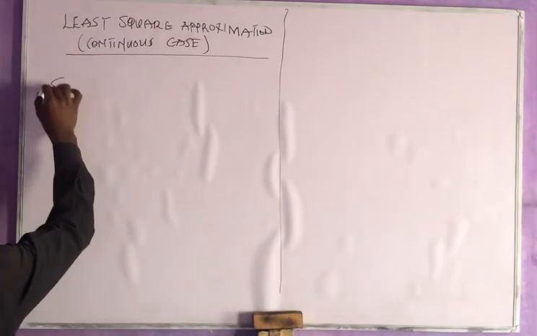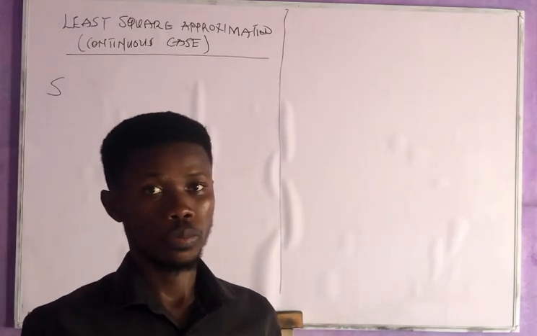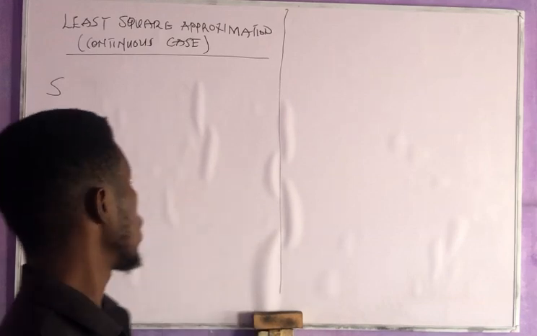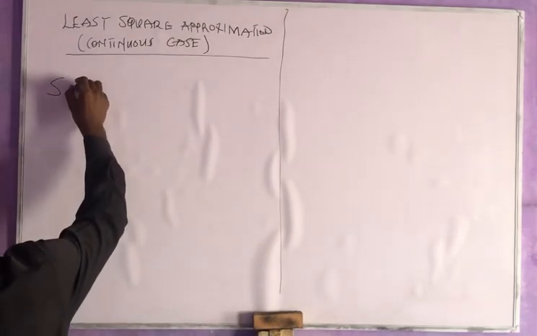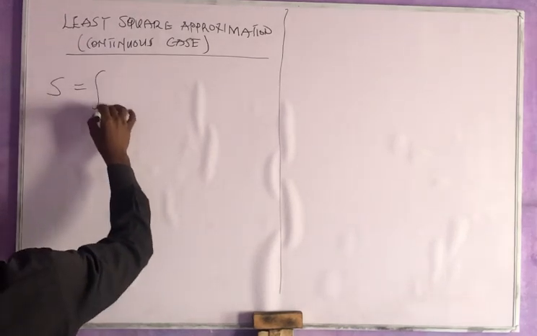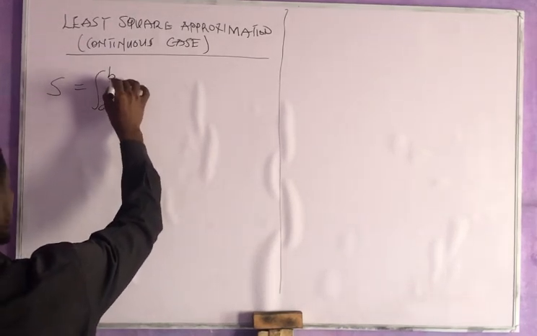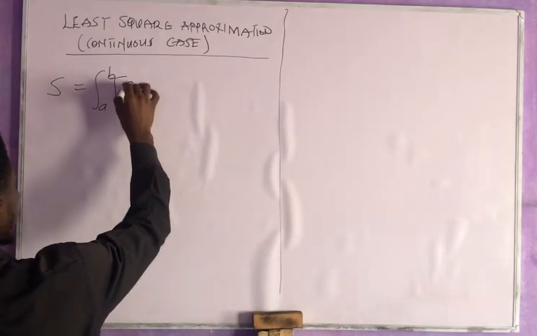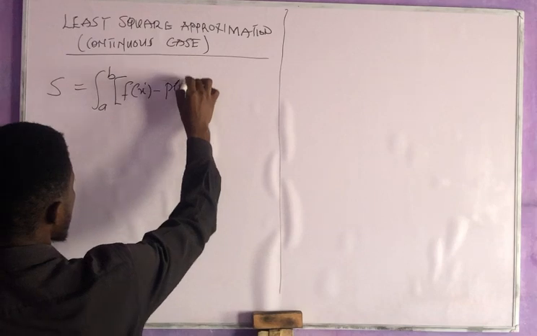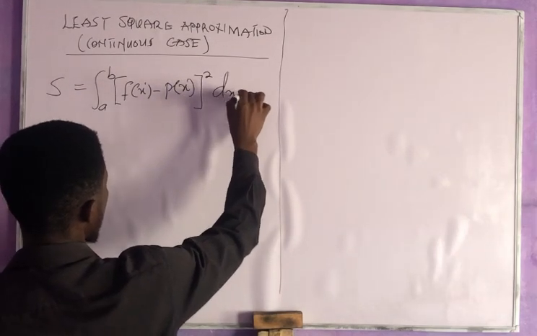we have, but the aim here is to what? Minimize the error and fit a particular line. So for us to be able to minimize the error, we use the integration starting from a to b of f of x minus p of x dx.